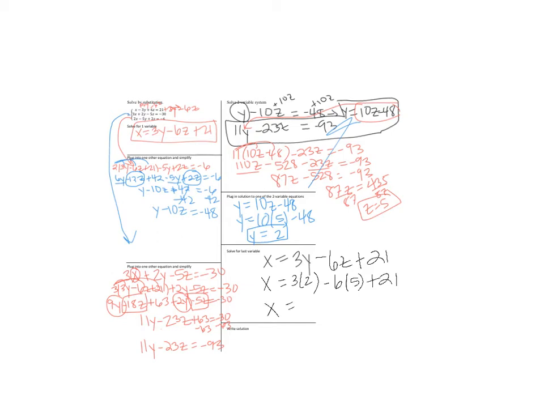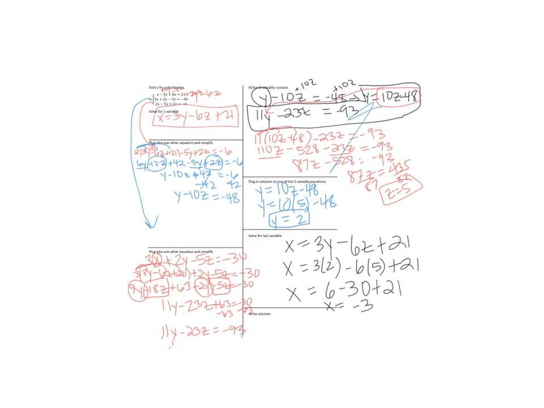Do some calculations. We get 6 minus 30 plus 21, which means that x equals negative 3. So how do you write that? Your solution will be written as negative 3, comma, your y 2, comma, your z 5.